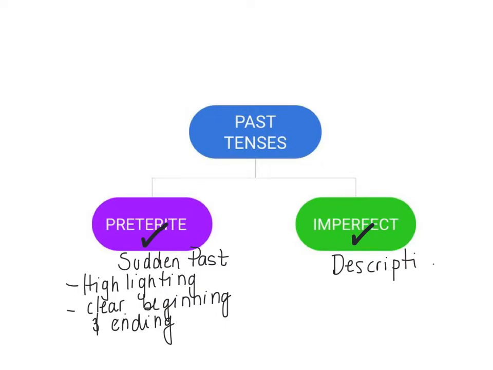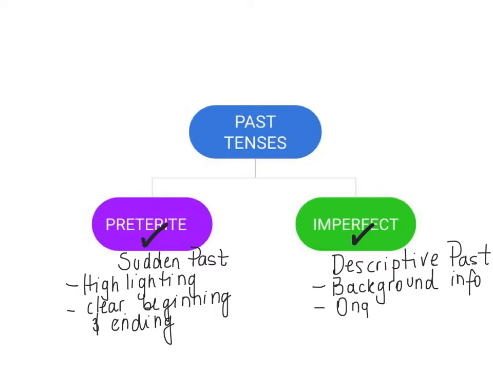And then we have the imperfect, and the imperfect is also called descriptive past. And why is it called like that? Because it mainly provides description, like background information, what was going on before an action happened, and also ongoing events in the past. That is to say, events with no clear beginning or ending.